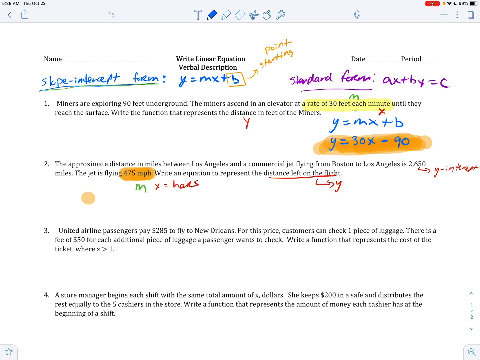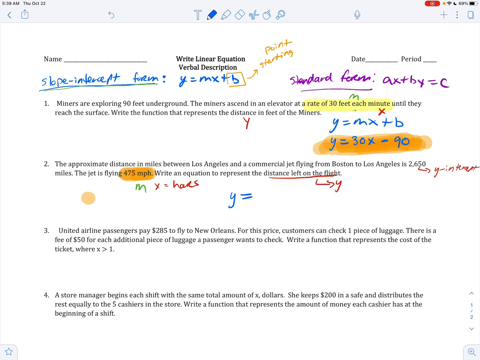All right, we have distance left on flight, y, equals, what's our slope? Well, 475 miles per hour. We need to think about this because we start with our distance traveled. And as we go 475 miles, every hour we get closer to our destination.